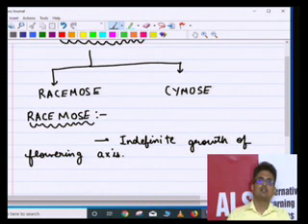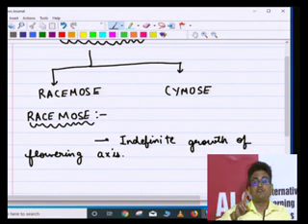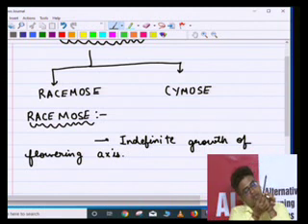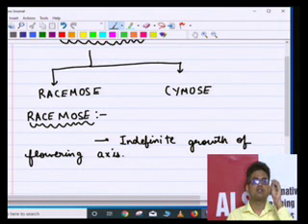That means that as the flowering axis moves upwards, it will continue to bear new young flowers. So the oldest flowers will be at the base, the youngest flowers will be at the top. This type of inflorescence is called racemose inflorescence.